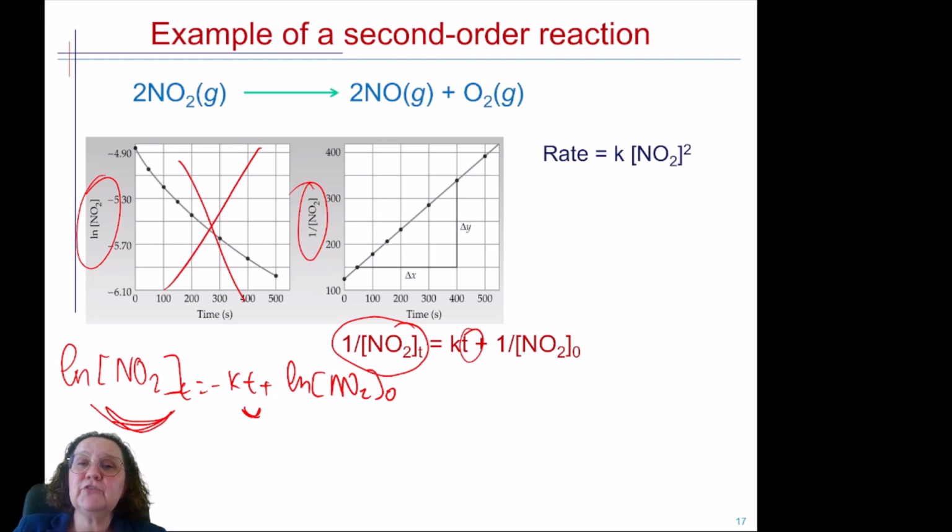And that's what I'm saying, that rate laws are experimental. It's not something where just looking at the reaction you can tell if it's going to be first order or second order. It has to do with the way the reagents react, but it's not something you can spot just by looking at the reaction. Just because there are a few twos here, they have nothing to do with these two.